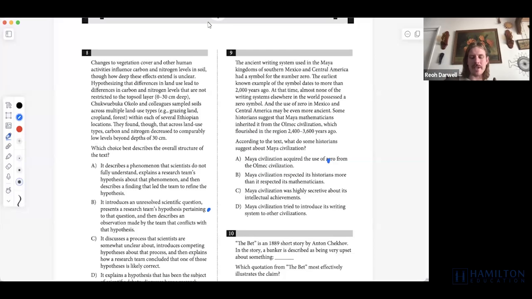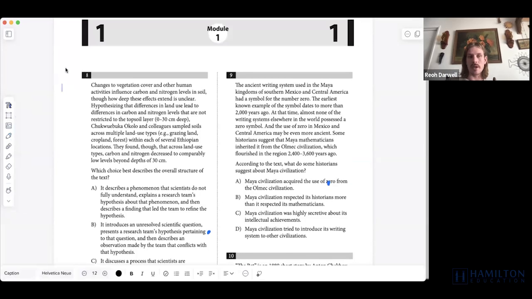Okay, number 8. We have a typical science passage here, a typical science text. We have a couple of units of information that we almost always see in science texts, with a similar structure, related to the scientific method. Typically, we start with a question. If you took our summer course, you'll see this is something we talked about.